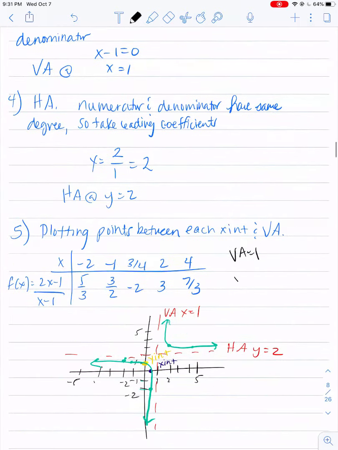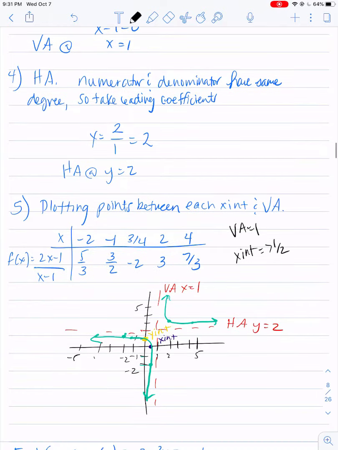And then my x-intercept is 1/2. So I'm plotting points between each x-intercept and vertical asymptote and beyond. My beyond is going to be 4 and 2, and then my between is 3/4, and then beyond in the other direction is -1 and -2.